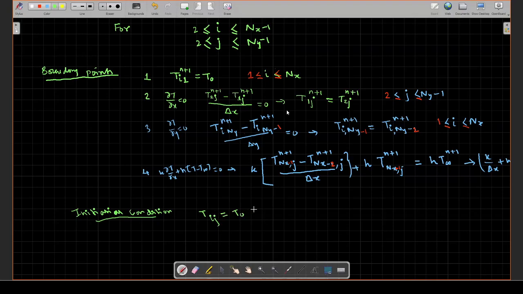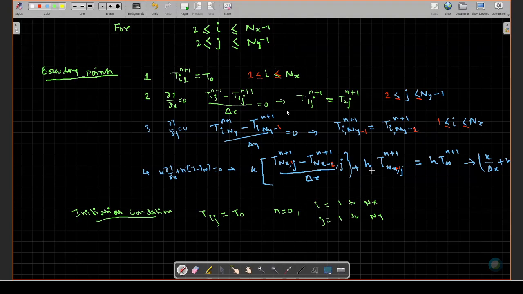So this is at initial time, n equals 0, and for all ij, i is running from 1 to nx and j is running from 1 to ny. For all ij initially it is T naught.